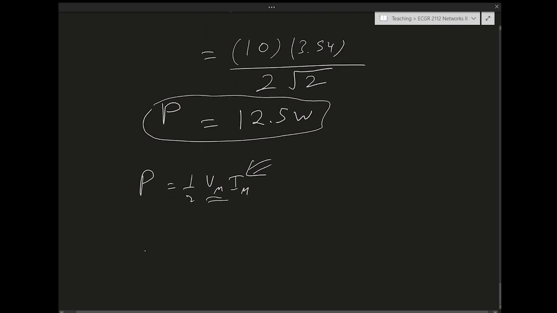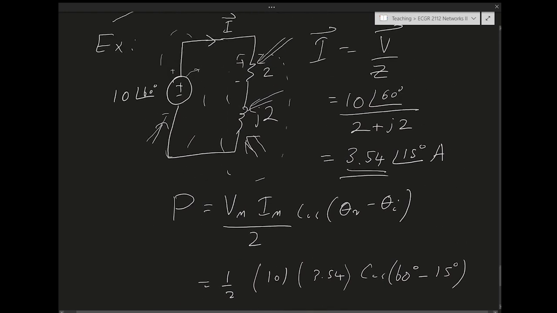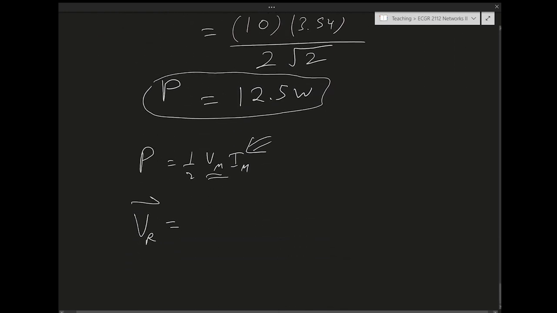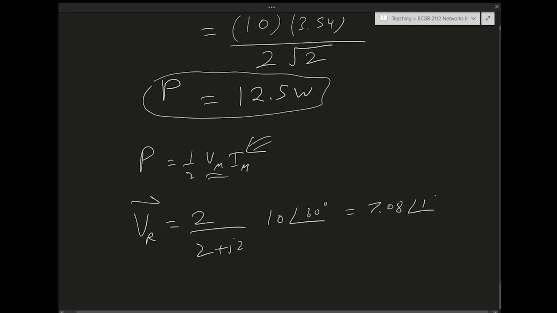What's the voltage across the resistor? It's just a voltage divider problem. So we have 2 ohms over the total impedance times the input voltage. So I end up with 2 over 2 plus j2 times 10∠60 degrees, which gives 7.08∠15 degrees volts.